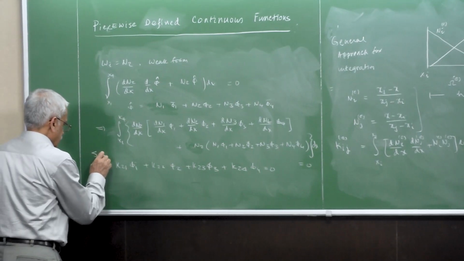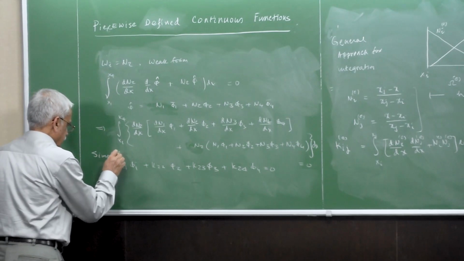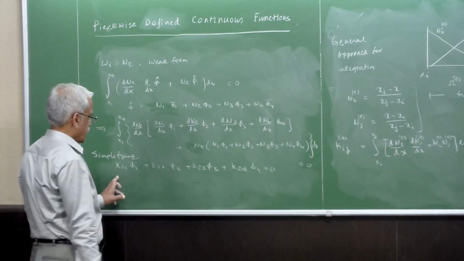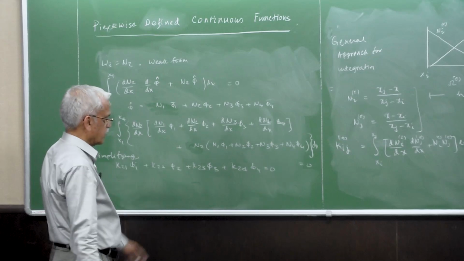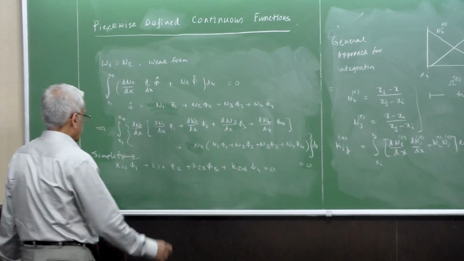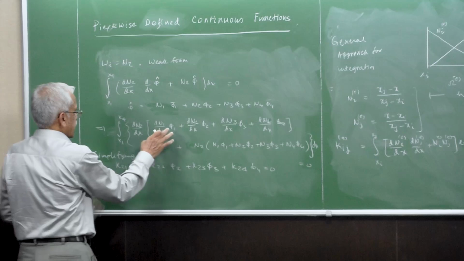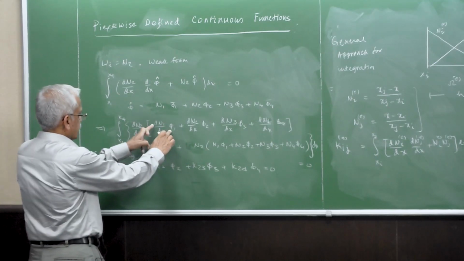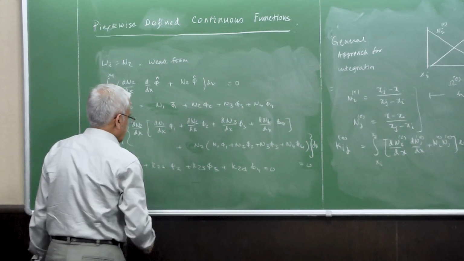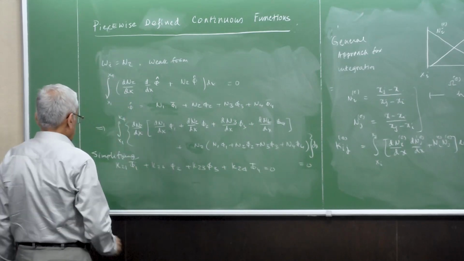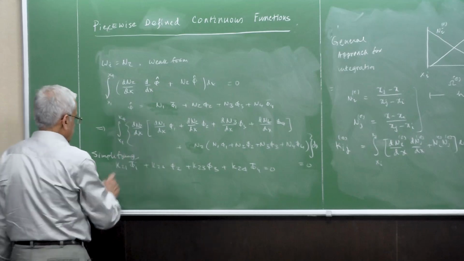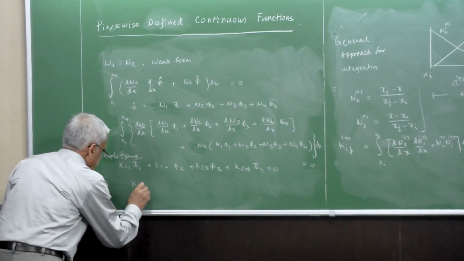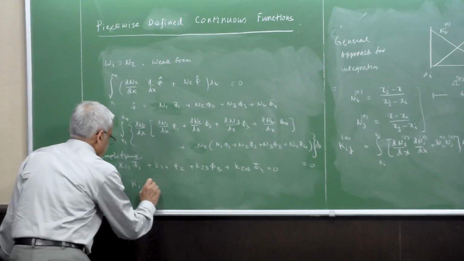So this is what we have, where K21, K22 and so on. So here, combining the terms before phi1, dN2 by dx, dN1 by dx, as well as N2 and N1, this K21 is this one.